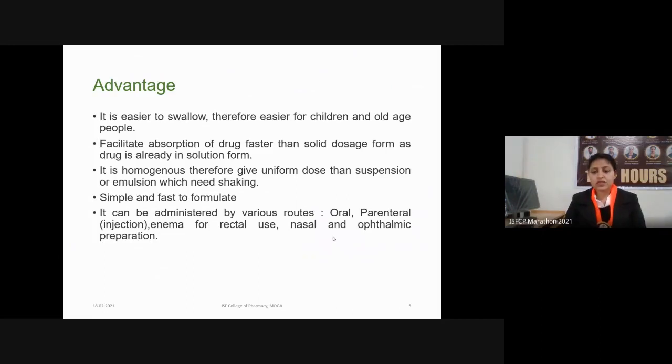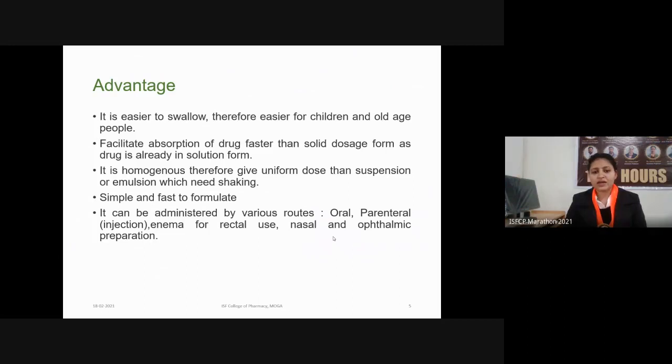So we need suspending agents that will help us to suspend those solids in that formulation. But because of gravity, after some time, those solute particles will start moving down, and that process is known as sedimentation. So while using the suspension, we have to shake it so that the drug molecules are uniformly distributed throughout the suspension while we take the medicament.